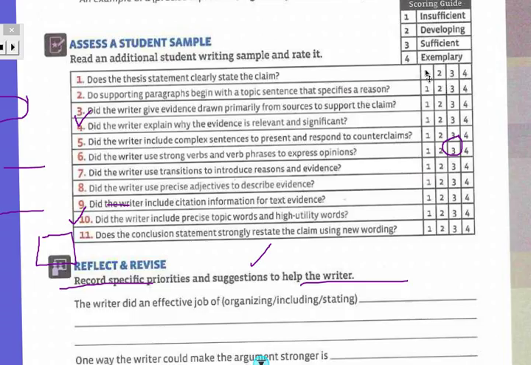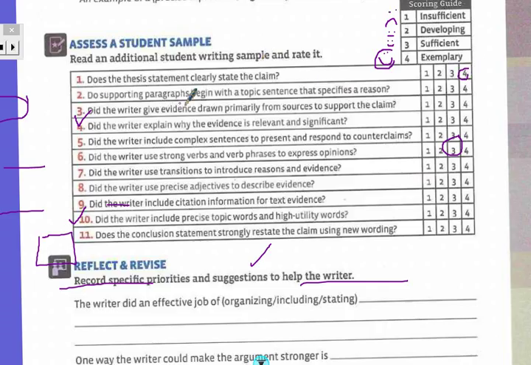1 is insufficient, not good enough. And then 4 is, yay! Sufficient is a little smile. And developing, kind of getting there. Does the thesis statement clearly state the claim? Yes.